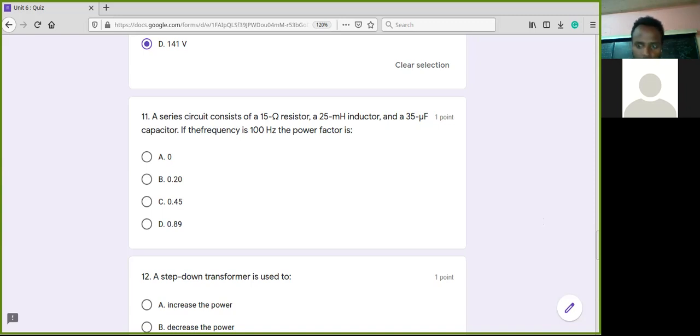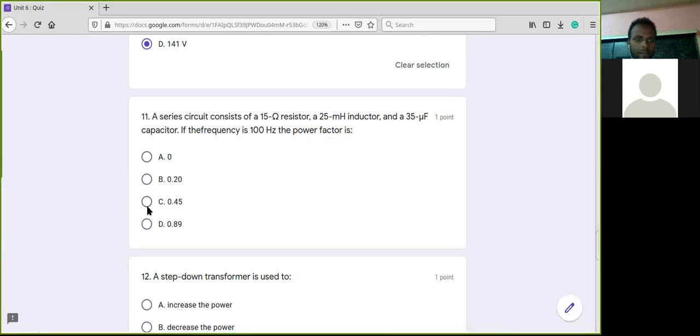What is tan inverse of this number? Negative 63. And cos of that angle is 0.449, therefore 0.45. Very good. Therefore, option C is the correct answer.